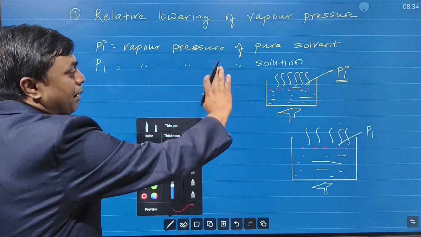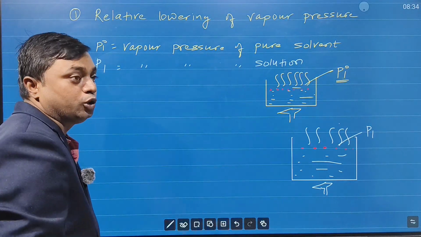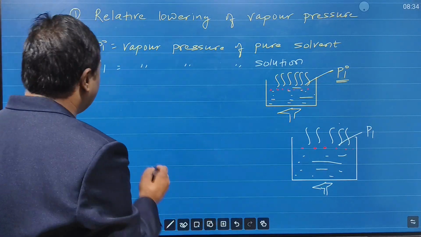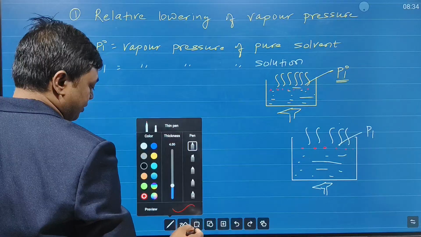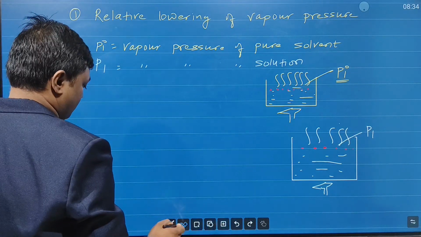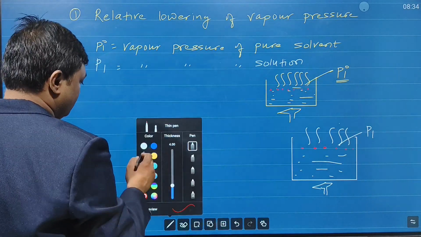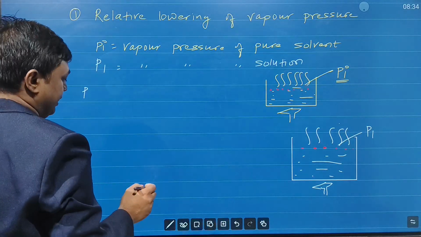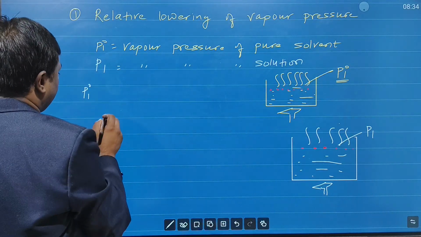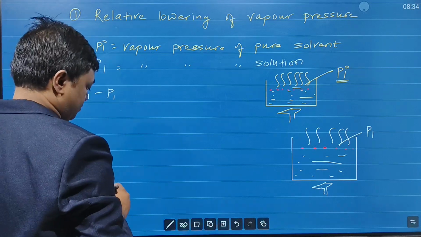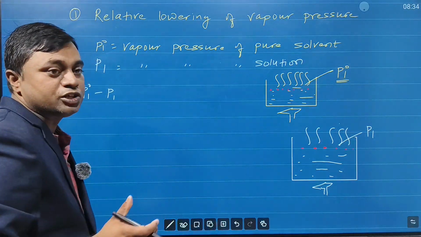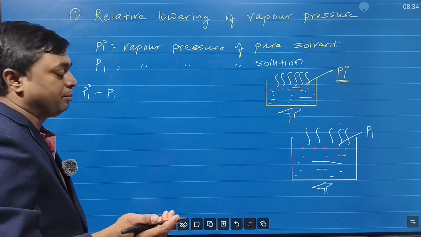So what has happened upon mixing the non-volatile solute? There is a lowering in vapor pressure. So we can write P1 degree minus P1, and this is the lowering in vapor pressure.